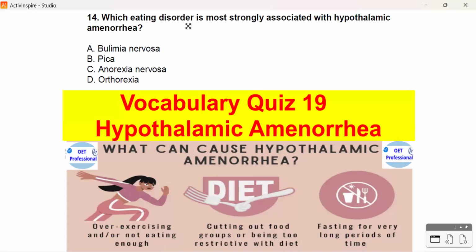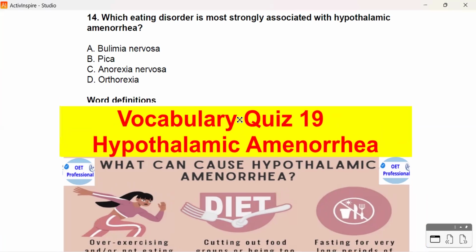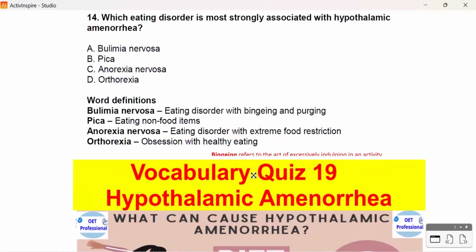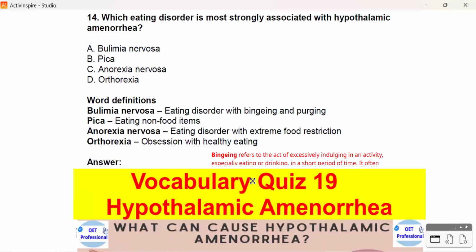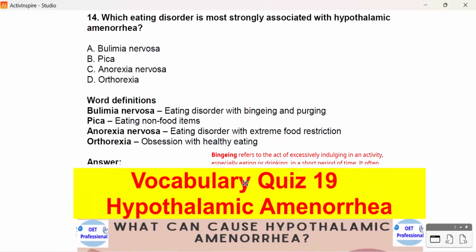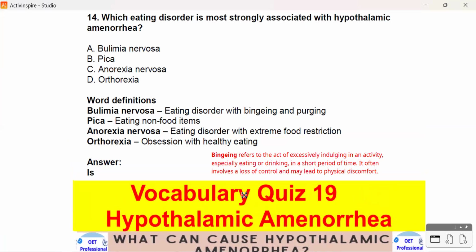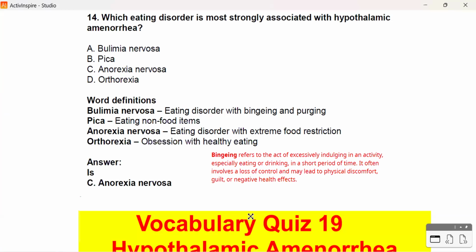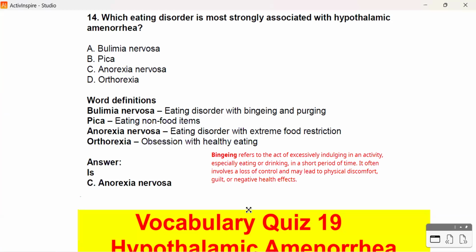Which eating disorder is most strongly associated with hypothalamic amenorrhea? Bulimia nervosa, pica, anorexia nervosa, orthorexia. The correct answer is anorexia nervosa, eating disorder with extreme food restriction.